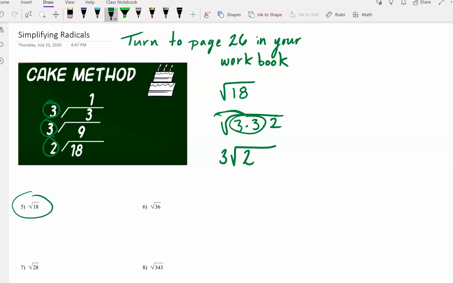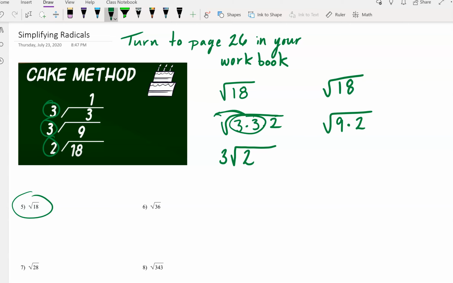Now, another thing that I like to do, especially if you're really good at your factors and your numbers aren't too big, is just look for the largest perfect square that might be a factor of 18. So this is another way you can think of simplifying a radical. I know that 18 is the same as 9 times 2.